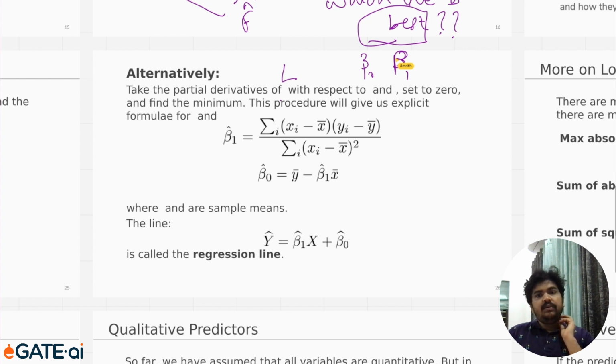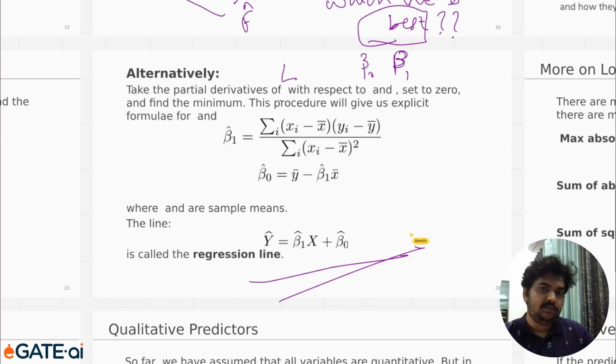This procedure will give us the explicit formula for beta 0 and beta 1, and this is how we can achieve this.